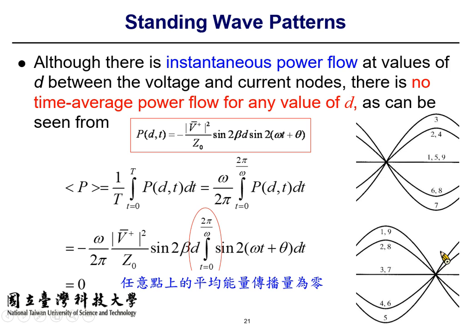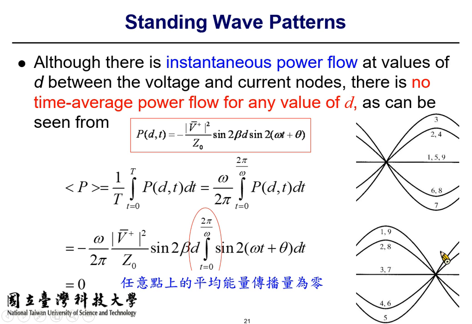As you can see here, the arrow sign indicates that this is a time average result of the power flow on the line. So you should perform the time domain integration over one period, from t equal to 0 to capital T, divided by the time considered in this integration.